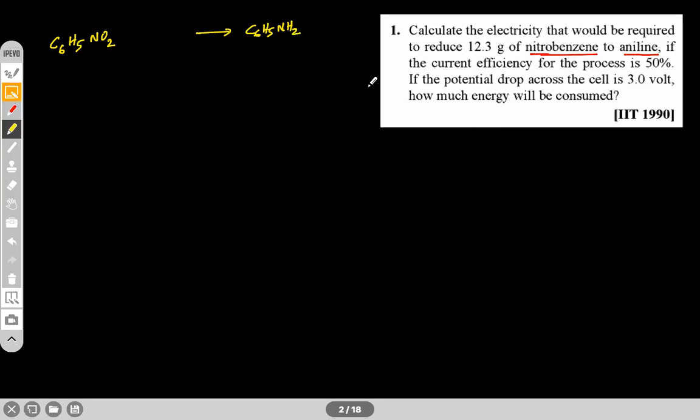But in this process, it takes place when it consumes hydrogen. That is a reduction reaction. It forms this, and H2O also goes out in this reaction.